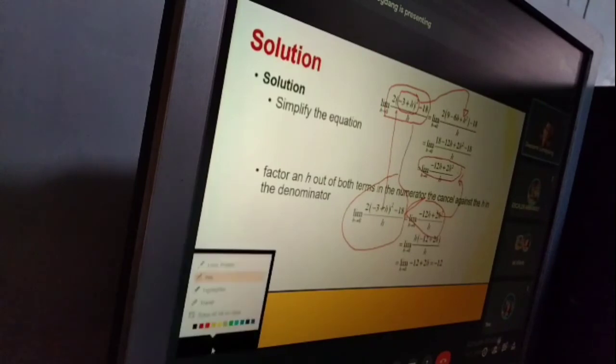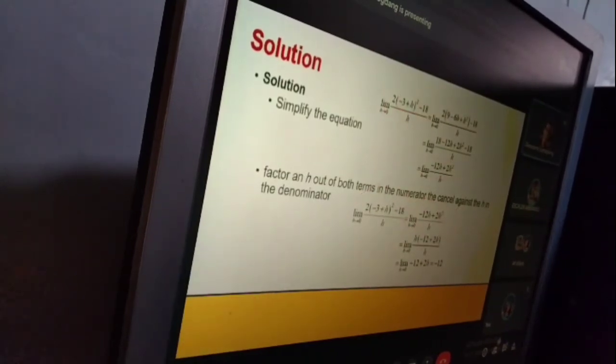Nasundan mo? Ito yung pinaka-given natin. Kapag nag-direct substitution tayo na h equals 0, nagiging 0 over 0 siya. So hindi natin siya ma-factor, walang factor na makikita, at hindi din natin ma-rationalize. Kaya ang gagawin natin, sinimplify natin ito. Itong exponential form ay sinulat natin sa standard form.